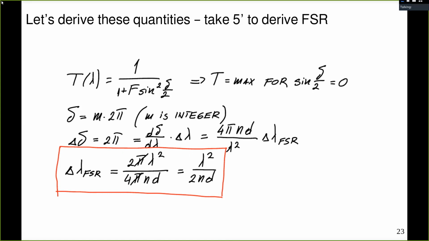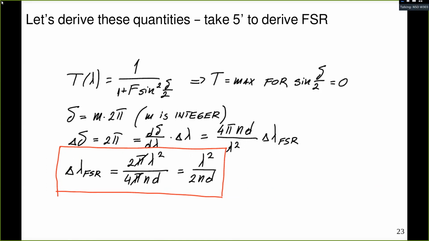Which means the difference between two consecutive values of delta half should be pi, so the difference between two consecutive values of delta should be 2 pi, which is also intuitive. If I increase the phase difference by exactly 2 pi, then nothing should change.